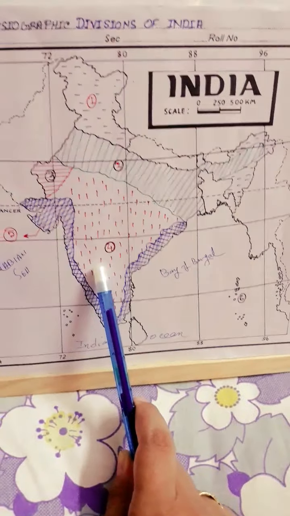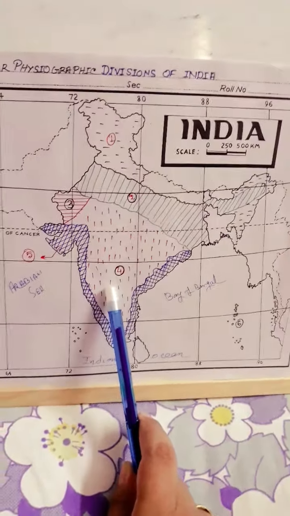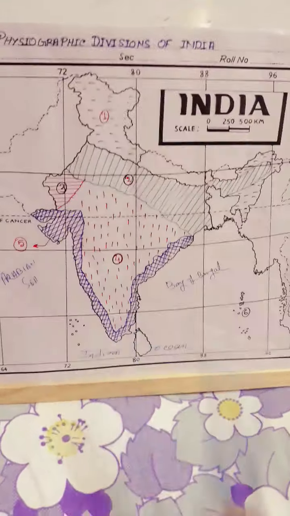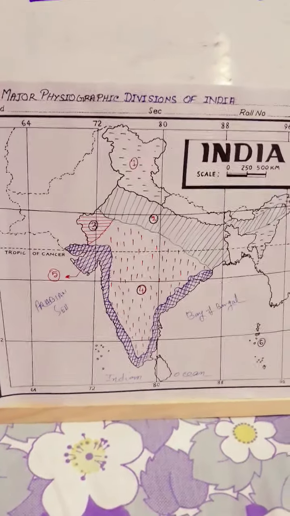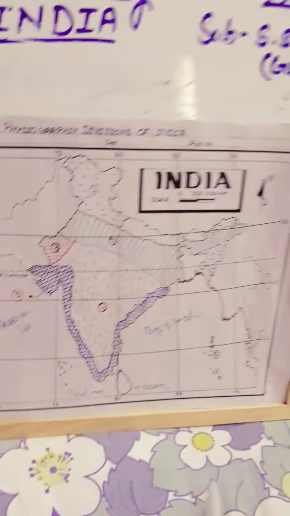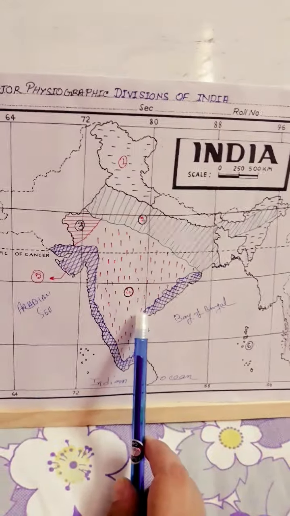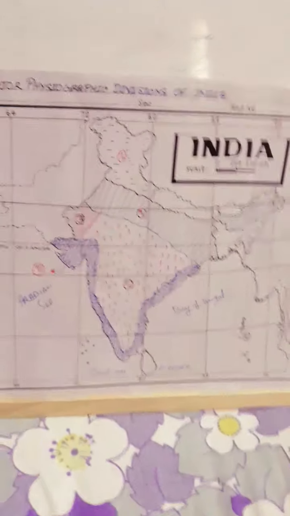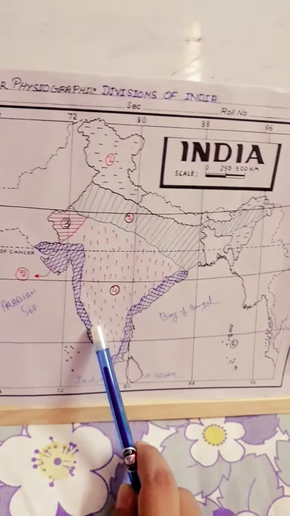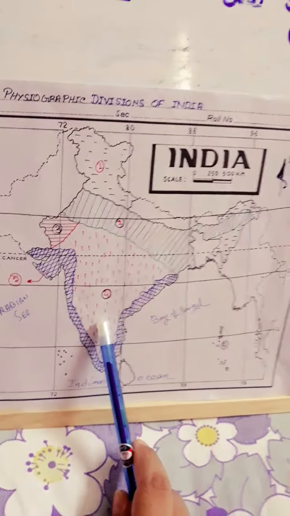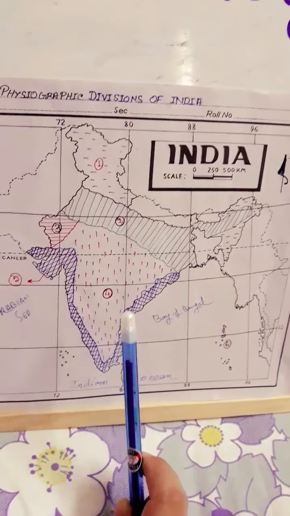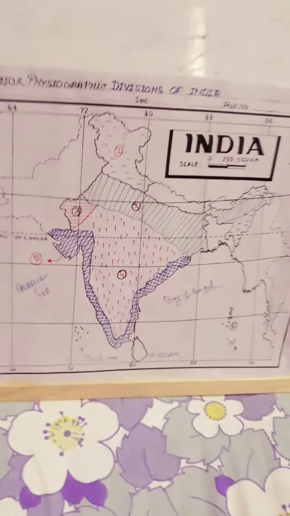The hills seen in that portion, such as the Eastern Ghats and Western Ghats, are not as tall as the mountains in the northern portion. That's why they are known as gently rising hills, and this portion has igneous and metamorphic rocks.